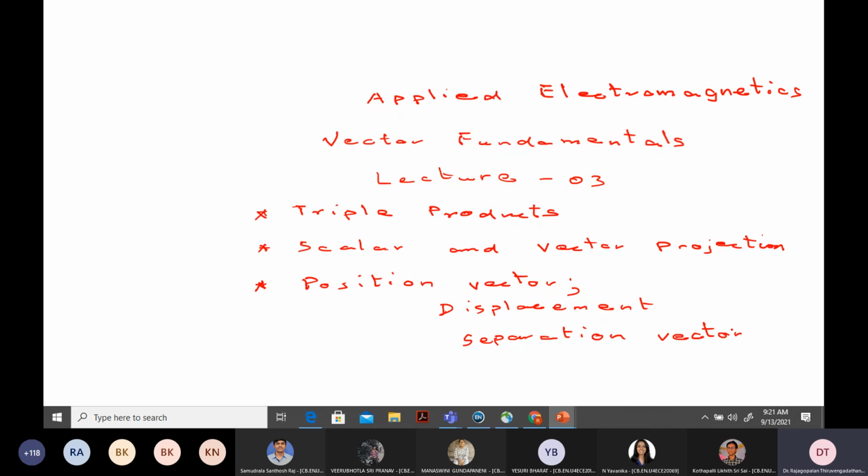Because with respect to the origin, I know what the source point is. With respect to the origin, I know what the test point is. Now I want to find the separation between the source and the test point. Then I need to define the separation vector. So we will learn this concept. All of these things you have learned in mathematics, but we will go over them, and then we'll do a couple of problems.